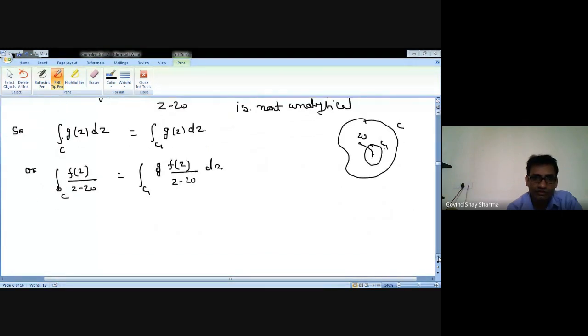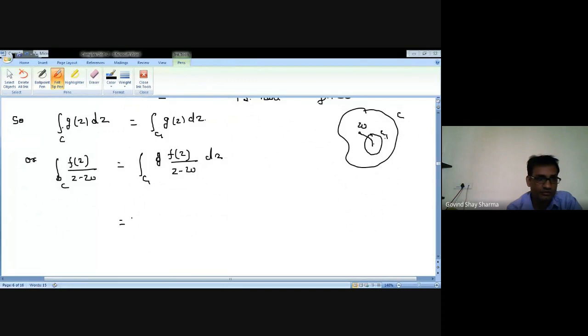Now we can write f(z) as f(z) minus f(z0) plus f(z0).